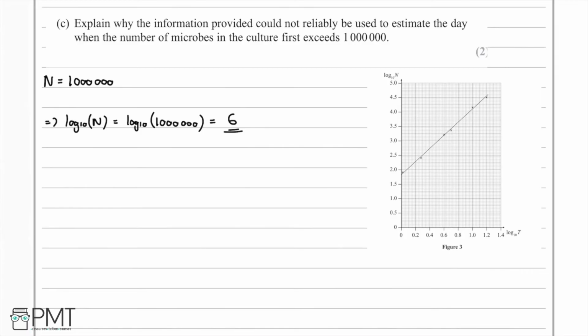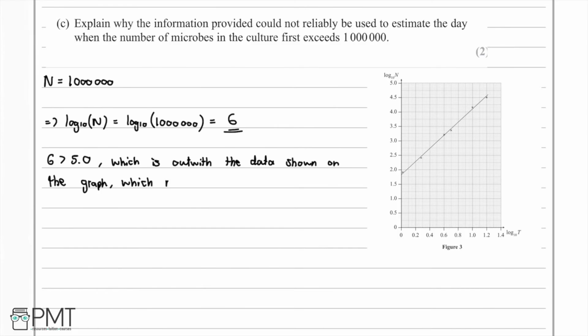So writing this down, we can say that 6 is greater than 5.0, which is outwith the data shown on the graph, which means that we can't extrapolate the data, meaning we can't assume that the model still holds.